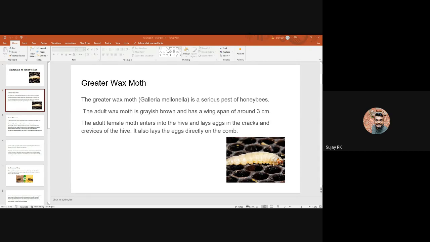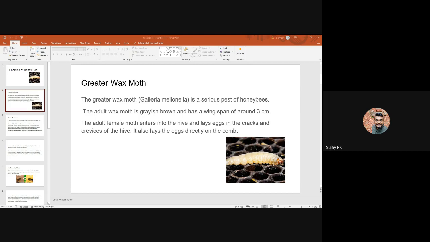During such a process, the comb gets weakened, and the quality of the honey also gets affected. So the exact nature of the damage to the beehive is that it affects the quality of the honey.